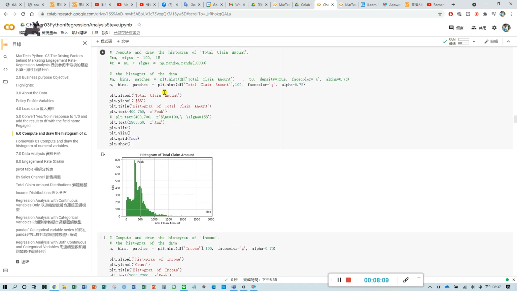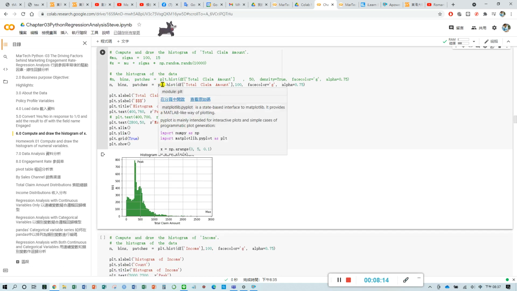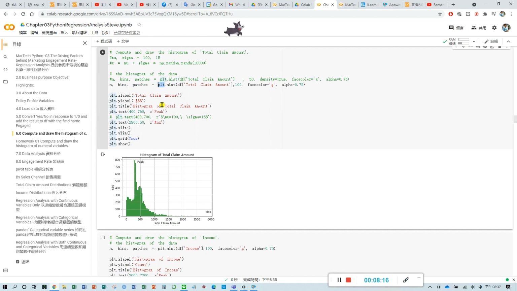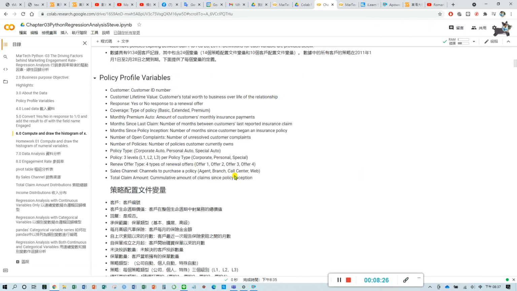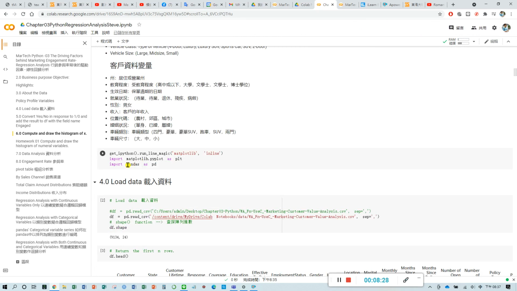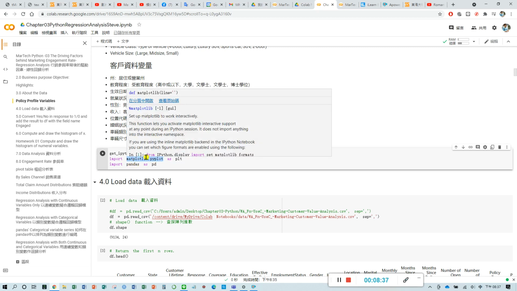Okay, so here you may see this one, plt. It means plot. Did I mention plt before? plt means the module we have imported here. This module we call matplotlib, to help you do the visualization for your dataset.